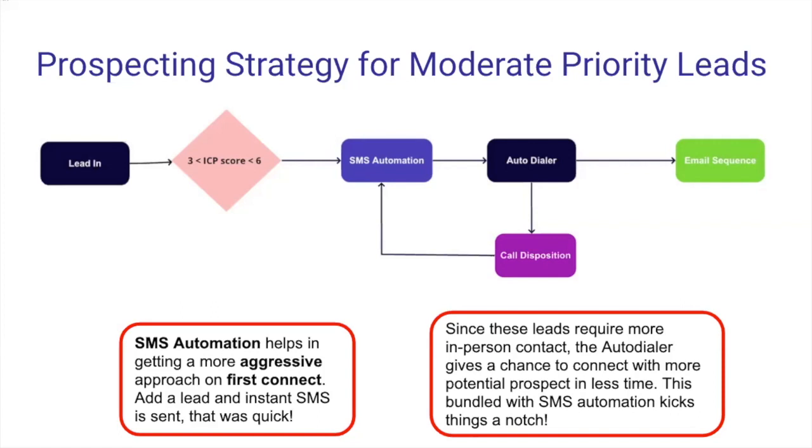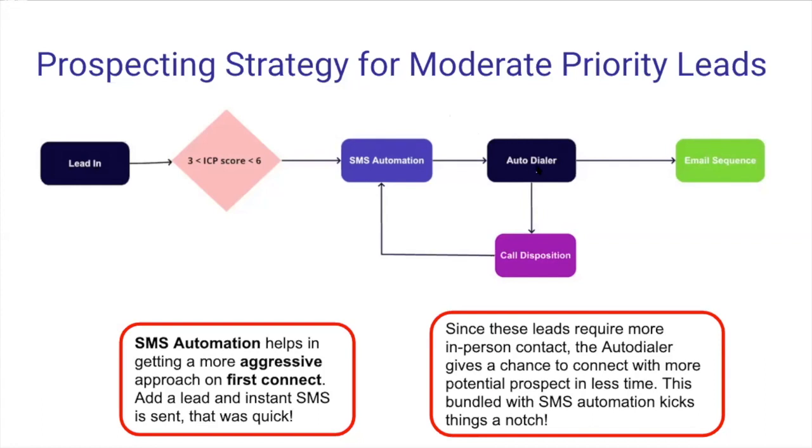So what we did was, we determined that the first push we want to give is SMS automation, and then put them in the auto dialer. After the SMS is sent out, we have made one engagement, and after that we go to the auto dialer and try to connect with them one-on-one.